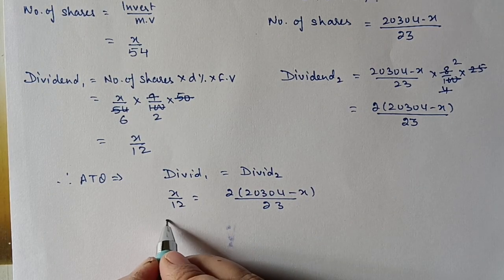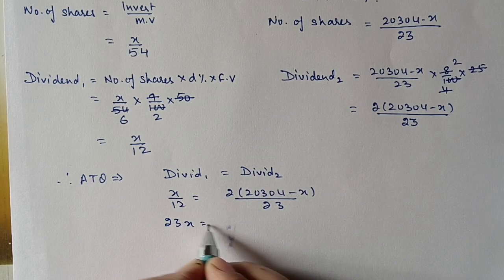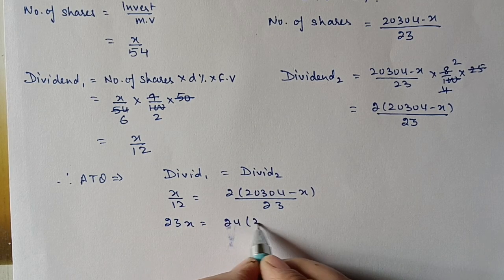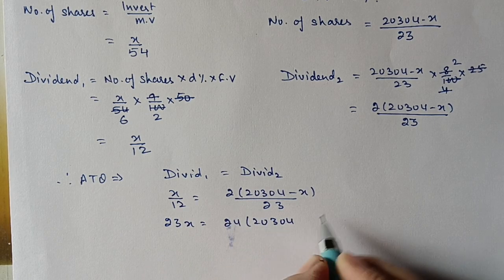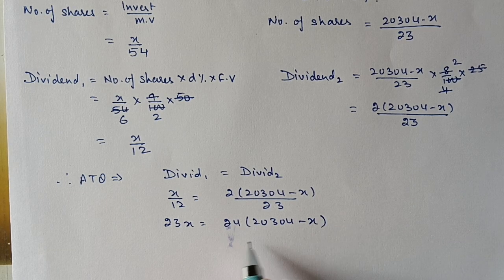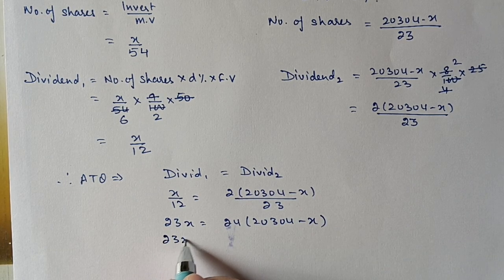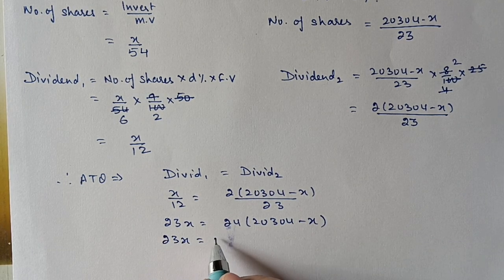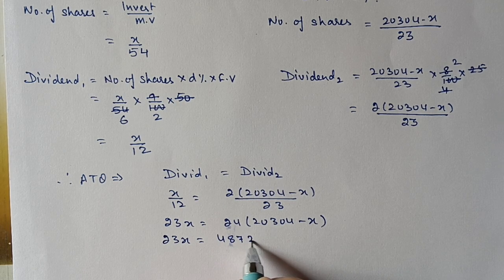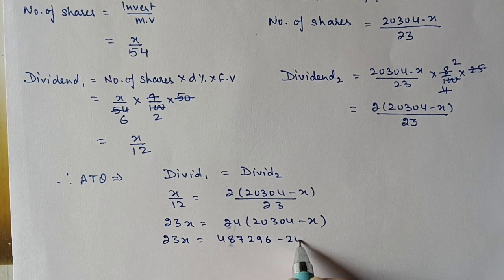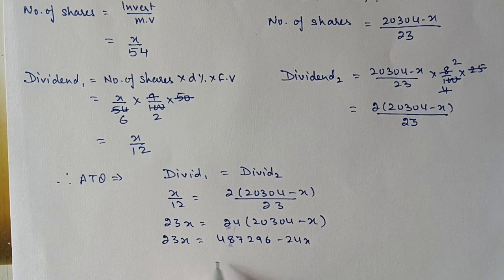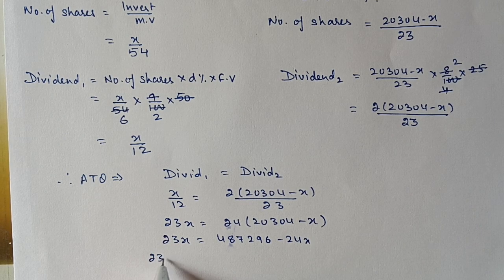You can cross multiply. 23x is equal to 24 into 20304 minus x. Multiply it. After multiplication, you will get 487296 minus 24x.